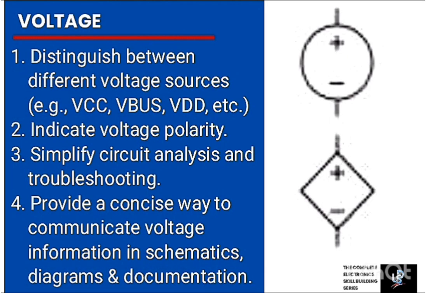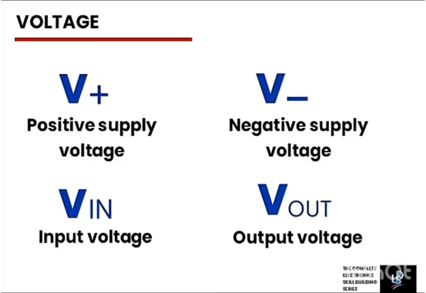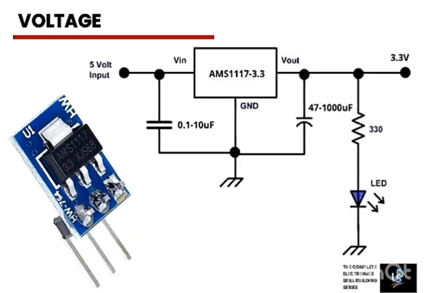They are used to distinguish between different voltage sources, for example VCC, VBus, VDD, etc. The labels V plus stands for positive supply voltage, V minus negative supply voltage, V in input voltage, and V out output voltage. In this circuit, you can spot some of the labels mentioned. V in equals 5 volts and V out equals 3.3 volts.